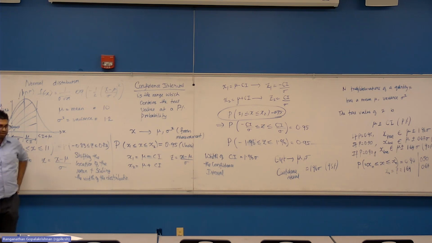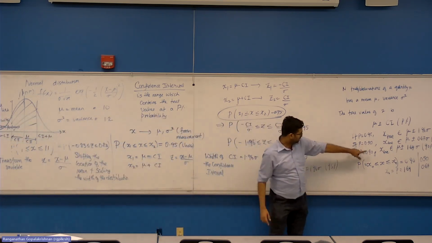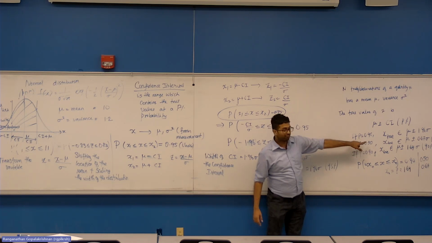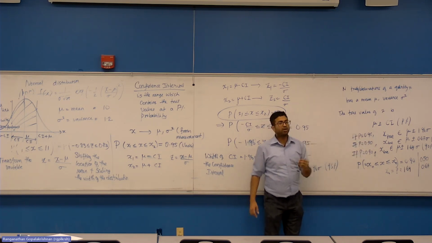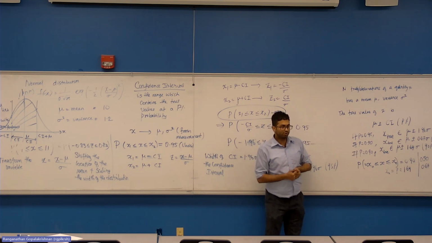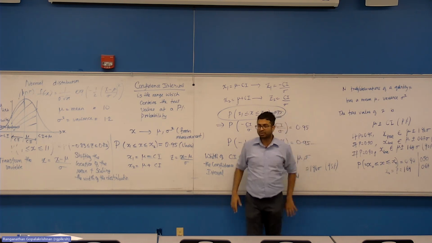Does everybody agree with that statement? What you measure is only a small subset of the entire possibilities. The other question is, why 50%, why 90%, why 95%? You could presumably do 99%. When do you need more guarantee of something being true, and when are you okay with less guarantee, less probability?